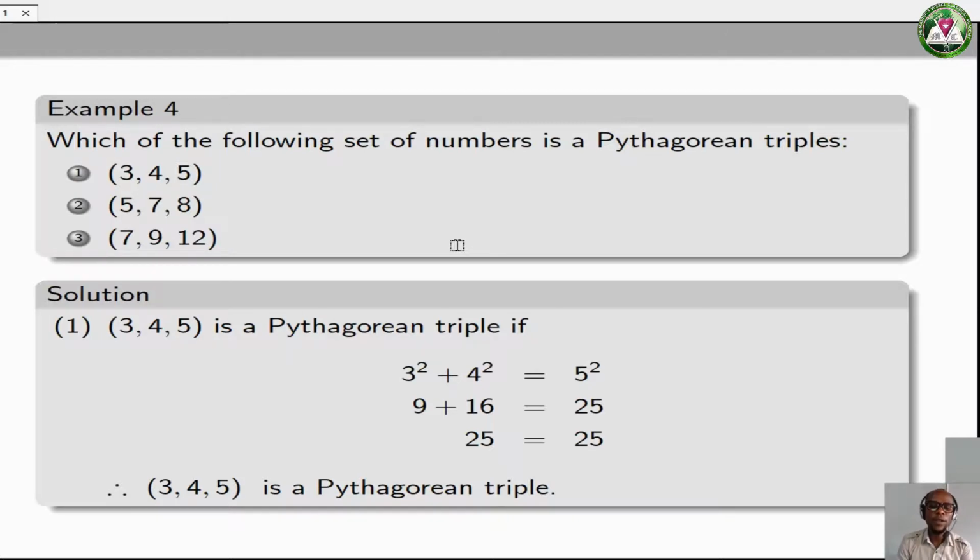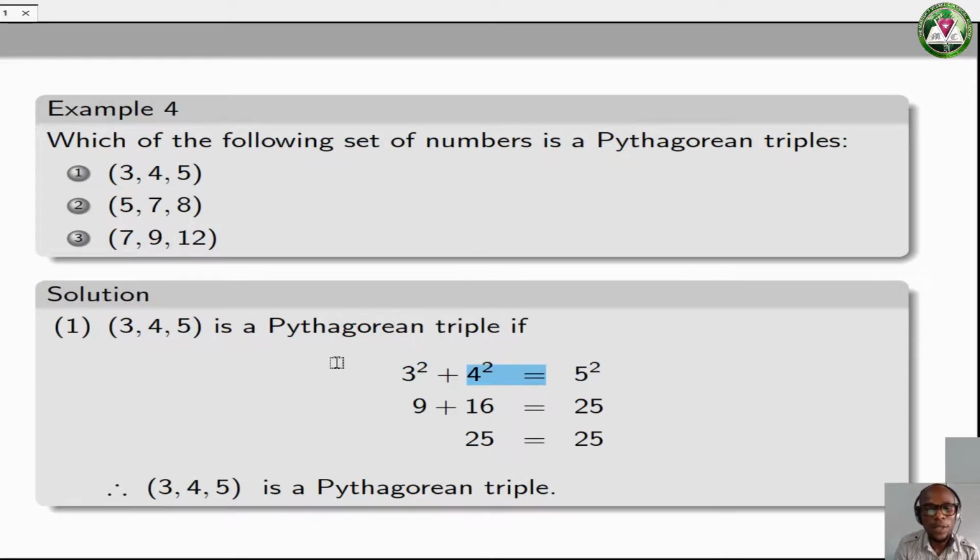Now, the set 3, 4, and 5 is a Pythagorean triple if the sum of the squares of the adjacent and the opposite equals the square of the hypotenuse. So let's check. Let's square 3 and 4 and take their sum and see if it will be equal to the square of 5. So we have 3 squared plus 4 squared equals 5 squared.